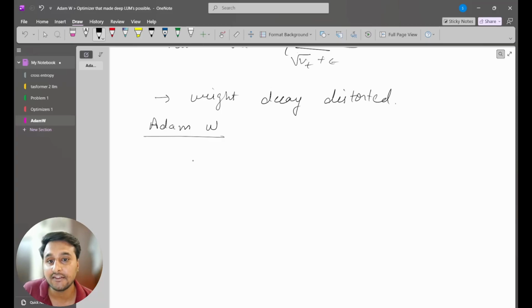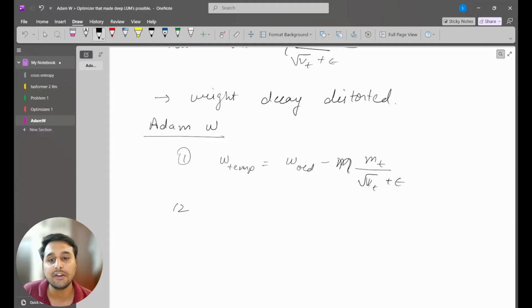It has two steps. In the first step, we do the normal update: W temp equals W old minus learning rate times MT over the square root of VT plus epsilon.